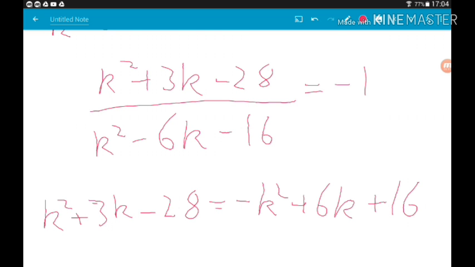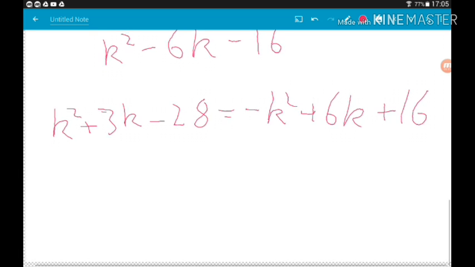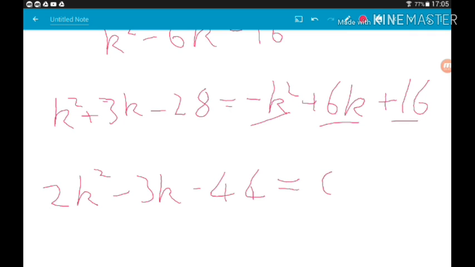We then want to get everything on the same side, because we are now in quadratic territory. We add k squared, so we get 2k squared. We subtract 6k, so we get minus 3k, and we subtract 16, which gives us minus 44, and that is equal to 0.